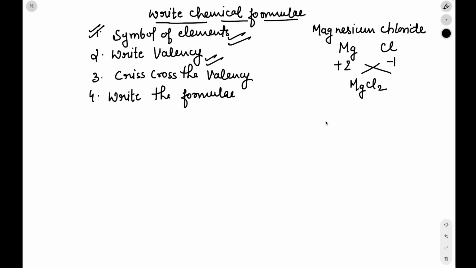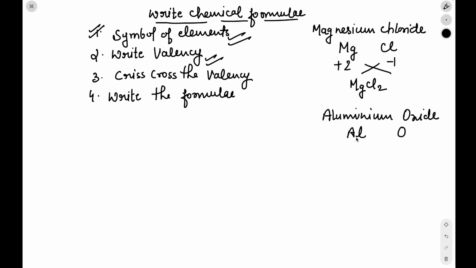Now we will take another example, aluminium oxide. First we write the symbol of the element. The symbol of aluminium is Al and the symbol of oxygen is O. Now write the valency of each element below it.